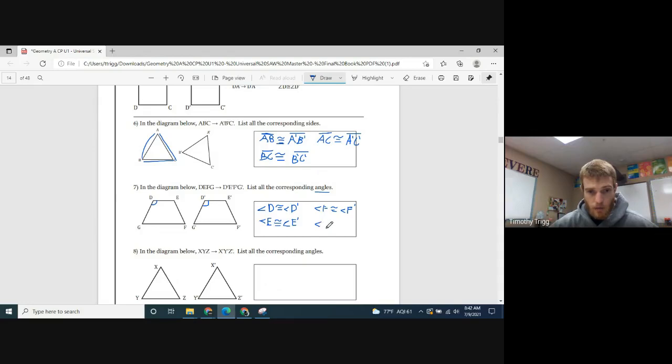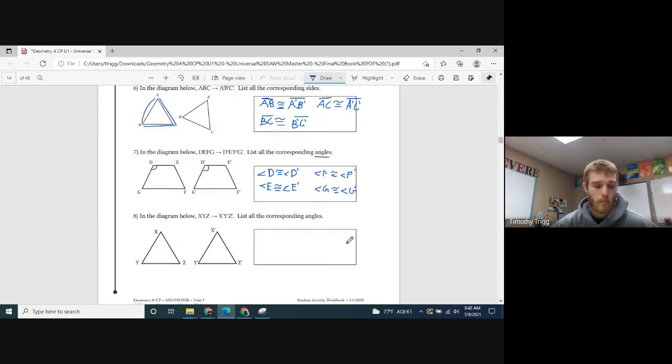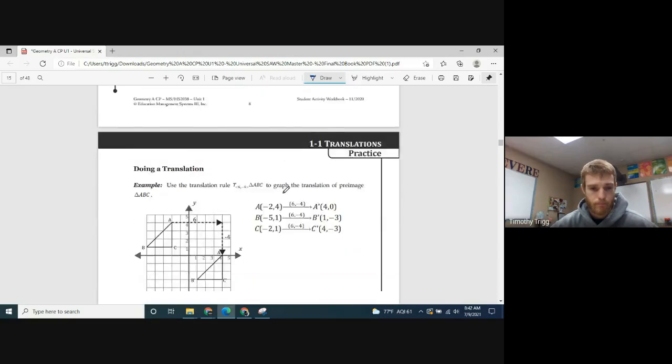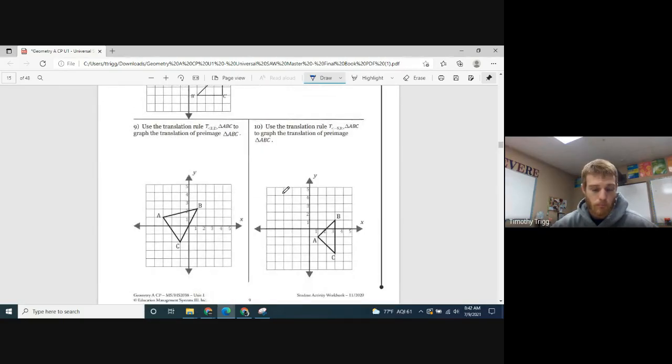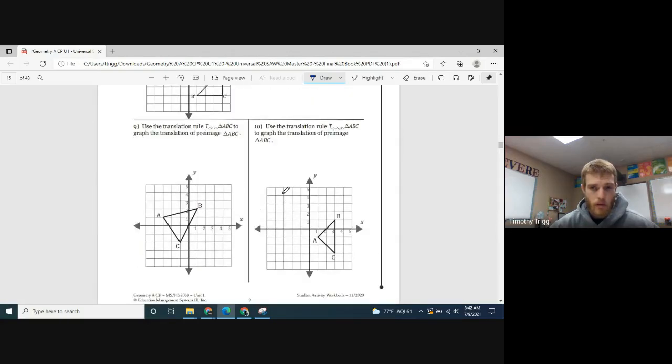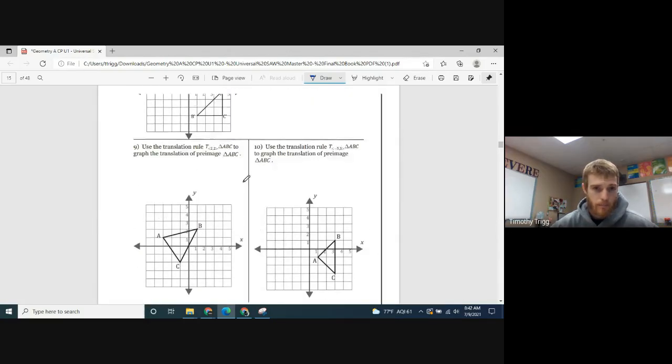Lastly, angle G will be congruent to angle G prime. Okay. See if you can do number 8 on your own. So this one's asking for the corresponding angles also. So just like number 7. Once you're done with that, let's go on to page 9.